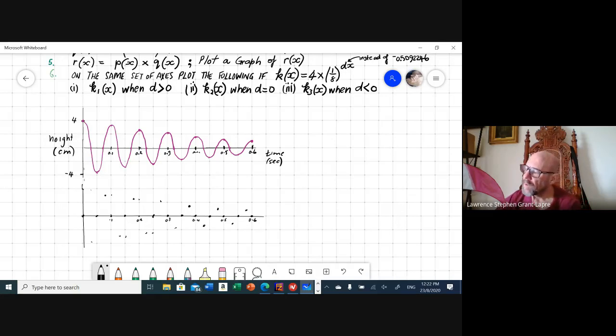Okay. Negative. And you can see it's like a sine curve this time, but it's a negative sine curve because the derivative of cos is negative sine.